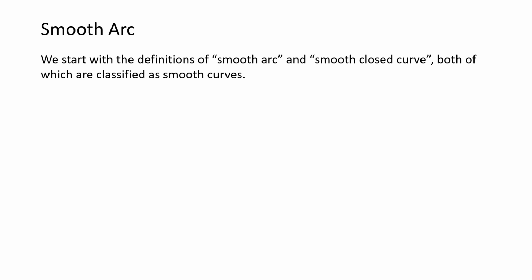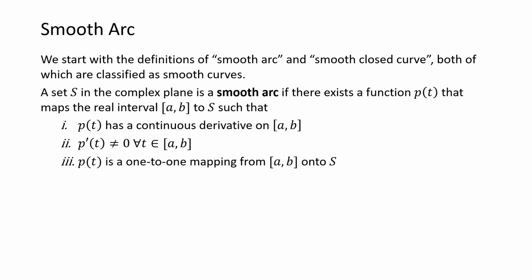Complex integrals are defined over a collection of one or more smooth arcs. And we're going to define that here. A smooth arc is a set, typically a line or a circular arc, but basically a curved line, such that there exists a function p of t that maps between some real interval [a, b] to the set S. And the function p of t must have these three properties in order for S to be considered a smooth arc.